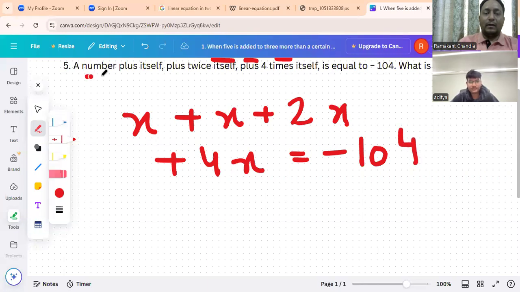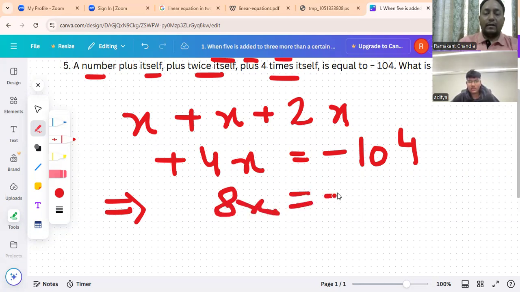Superb. A number x plus itself, again x plus 2x, very good, and plus 4x is going to become how much on the LHS side? 8x. Very good. Equals negative 104. Fantastic.